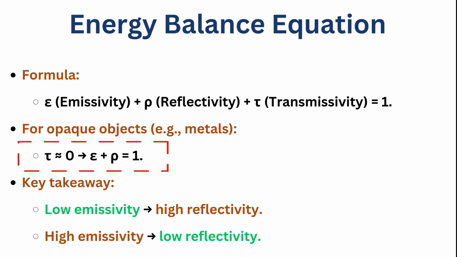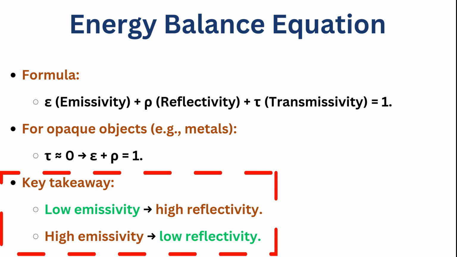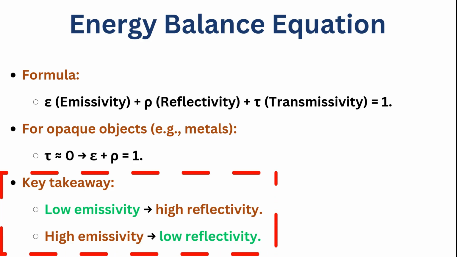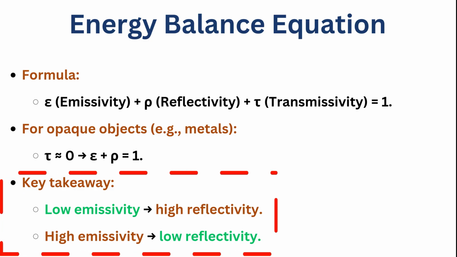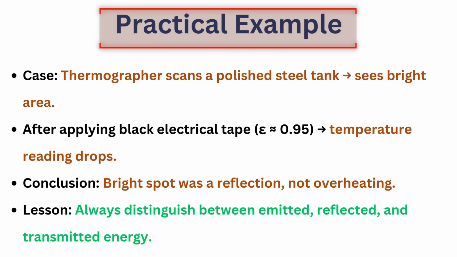So emissivity equals 1 minus the reflectivity. What does that mean? If the surface has low emissivity, it must have high reflectivity, or the opposite: if the surface has low reflectivity, it should have high emissivity.